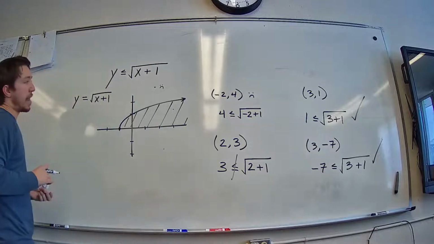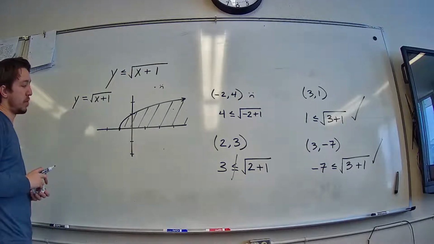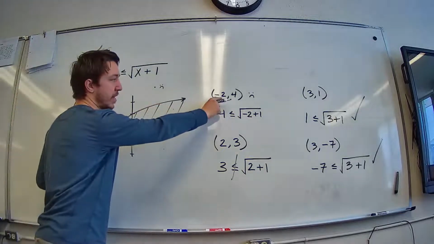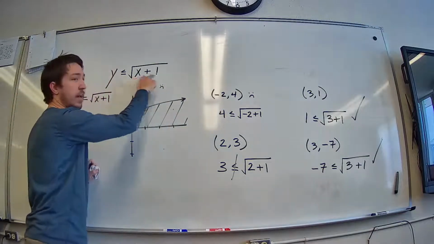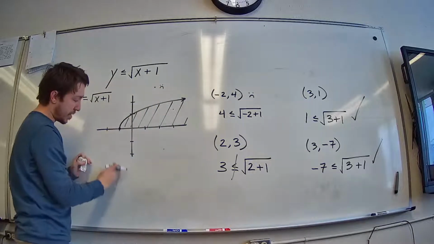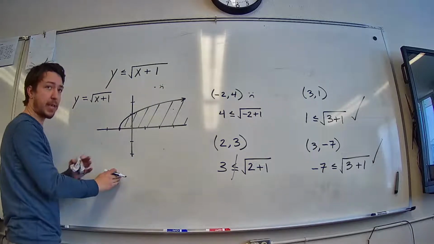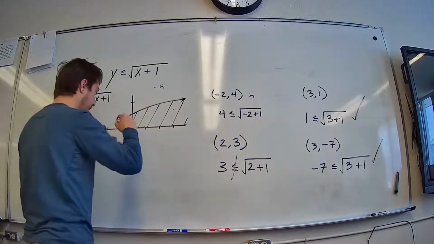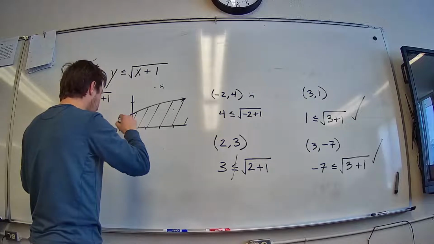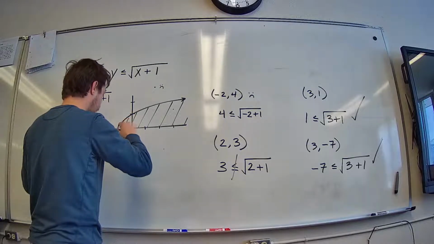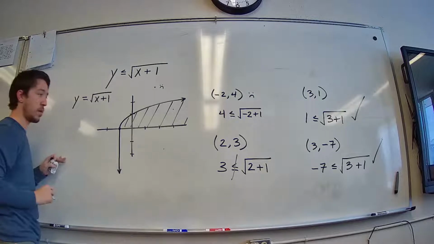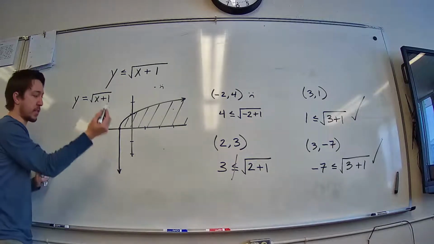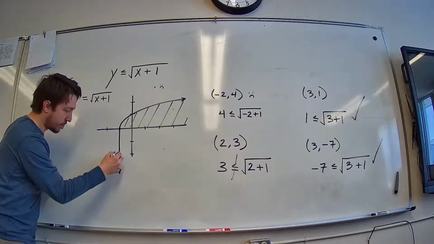And then there's an interesting boundary over here. Aiden gave us sort of a clue. When he plugged in -2, it rendered this side undefined. So there's actually going to be a boundary right here. X cannot be to the left of -1. So for example, let me pick a point like here.